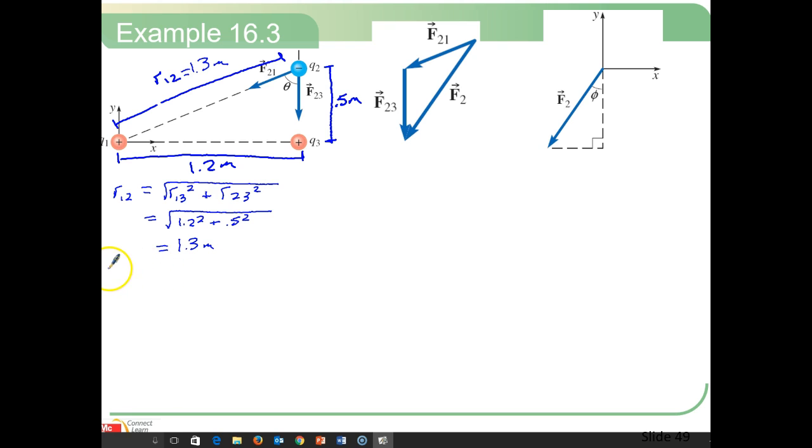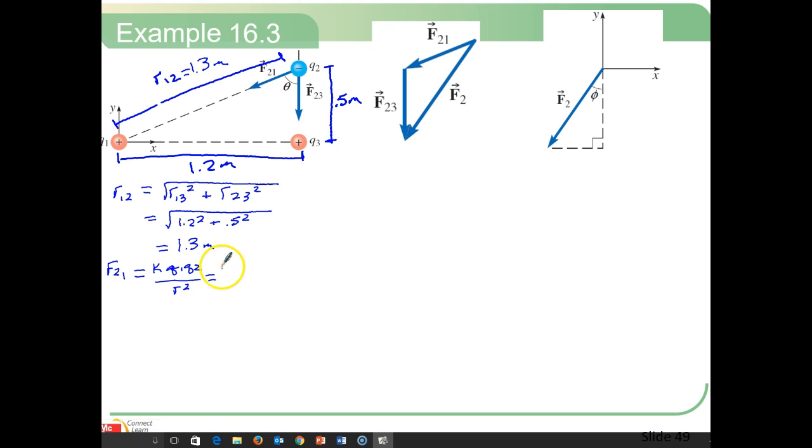So let's first find the force of charge 2 on charge 1. We're going to use Coulomb's law, so we're going to use k, Q1 Q2 all over r squared. I'm not going to put in the absolute values, but we assume that they're there.